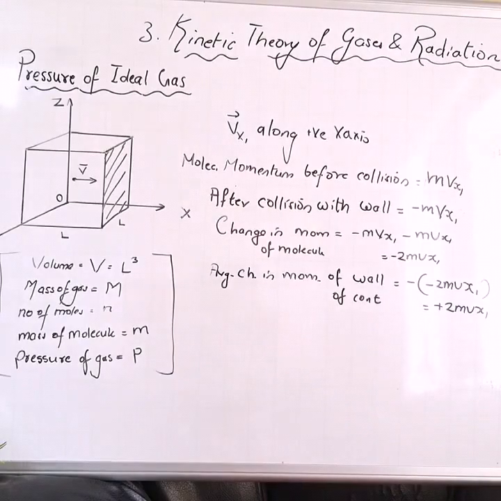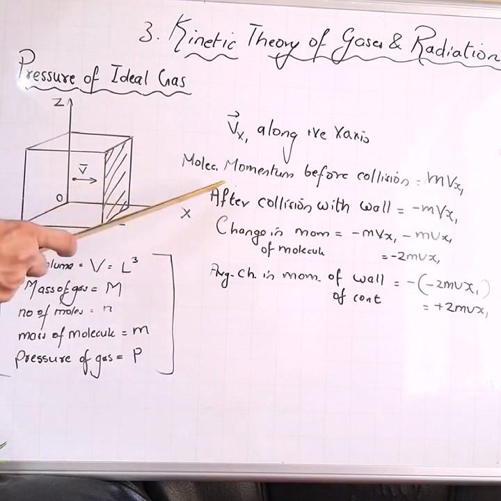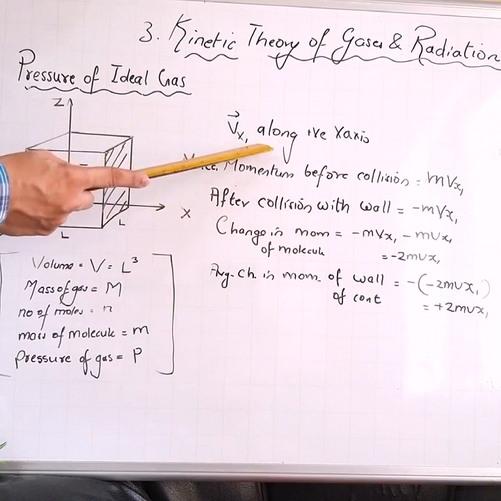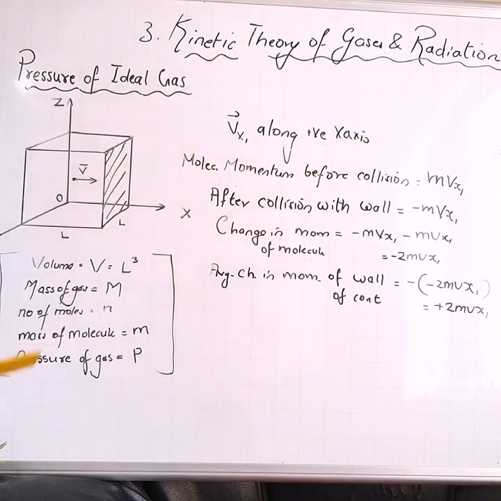I will take the component of velocity along the x-axis as Vx1. So Vx1 is the velocity of the molecule along the positive x-axis.